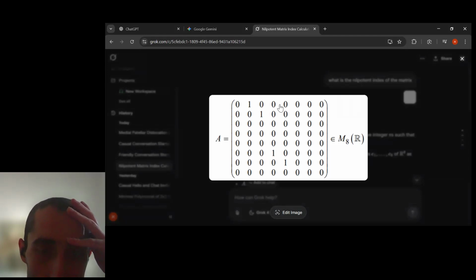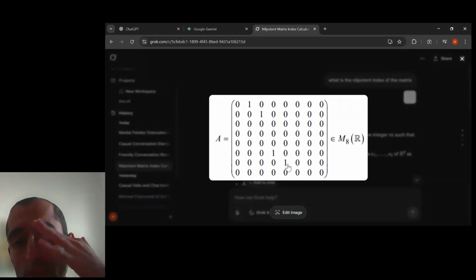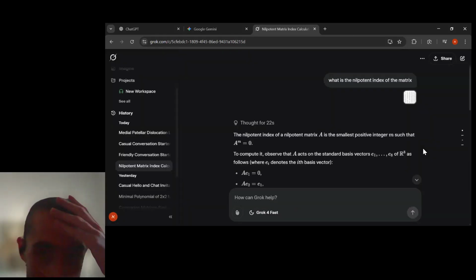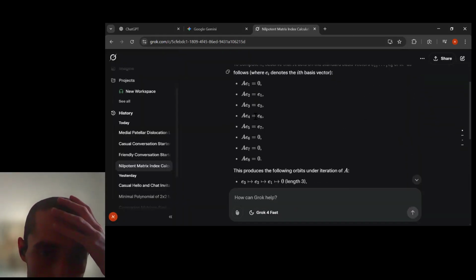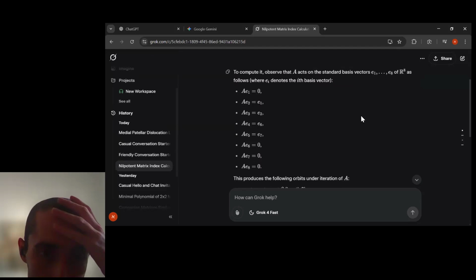It takes E8 and shifts it to E6, and it takes another vector and shifts it to E7. Okay, so, sorry.